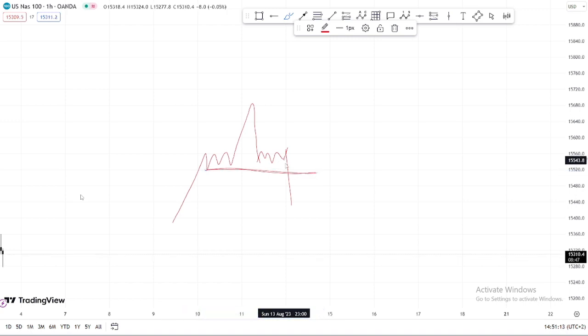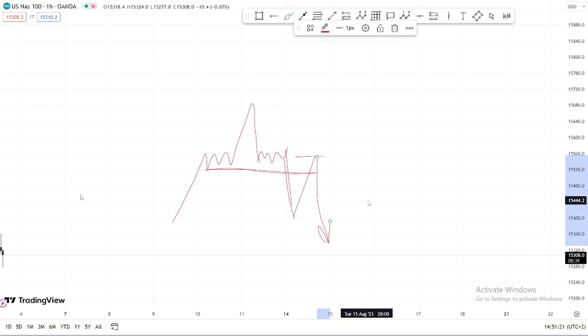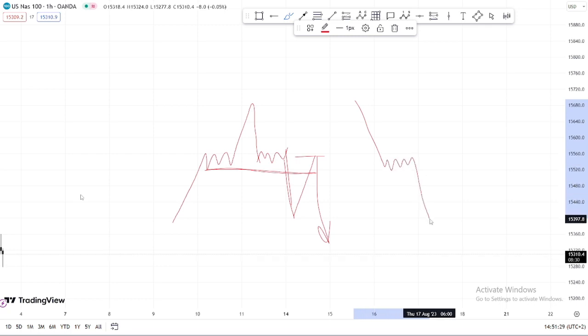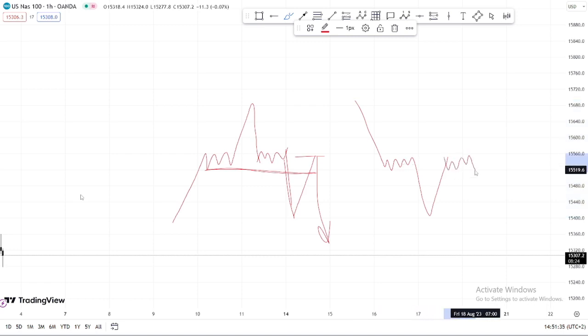After breaking this, we expect it to come back to test this and drop. For the bearish example, we'll see it dropping, consolidating, dropping. Then it goes to test this and begins consolidating, rising, comes back to test and rises.